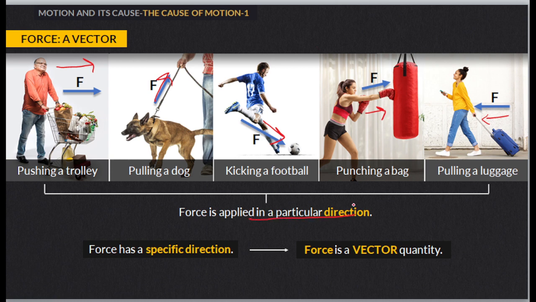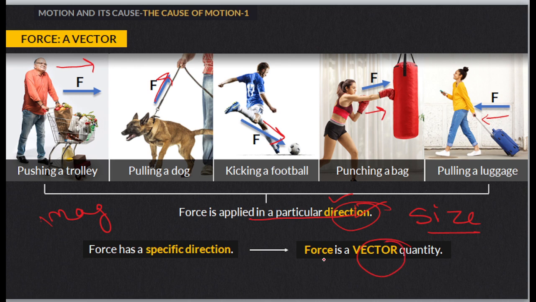Now, in the above slide, we have seen that force has a size, that is magnitude, it has a value, and it has a direction, right? So force has both things, magnitude as well as direction. A quantity which has both direction as well as magnitude, we call it a vector quantity.